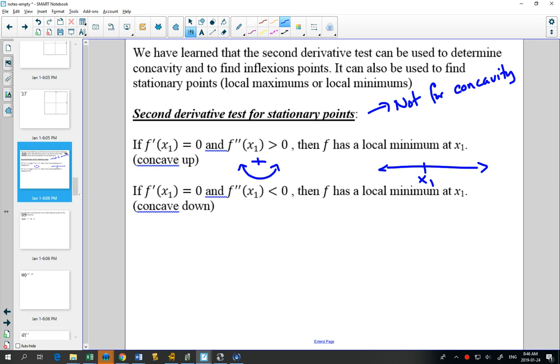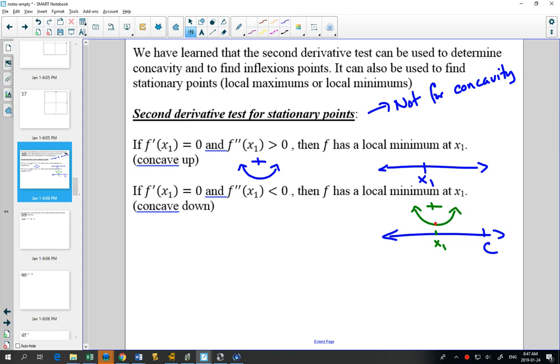And then you did your second derivative. You drew that line. Maybe there's a point C where the second derivative was equal to 0, but you still had x1 on here. And at x1, it's concave up, and the first derivative is equal to 0.